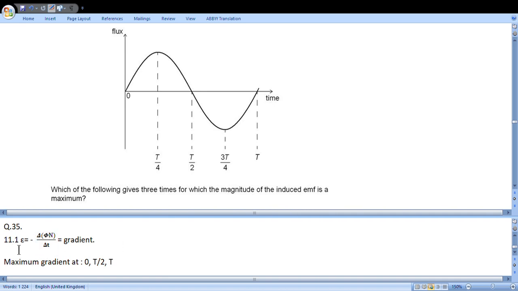So 11.1: induced EMF equals the rate of change of flux, or the gradient of this graph, and the maximum gradient we have at point 0, t over 2, and t. Here for example it is 0, here 0, but here maximum. So the answer is B.